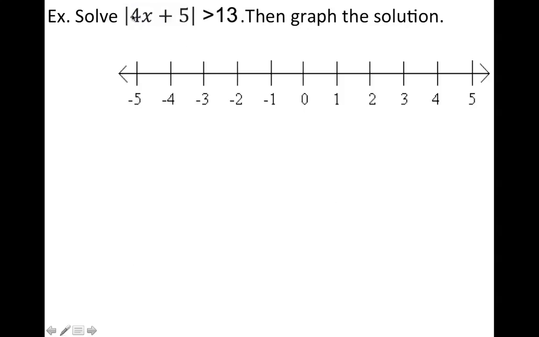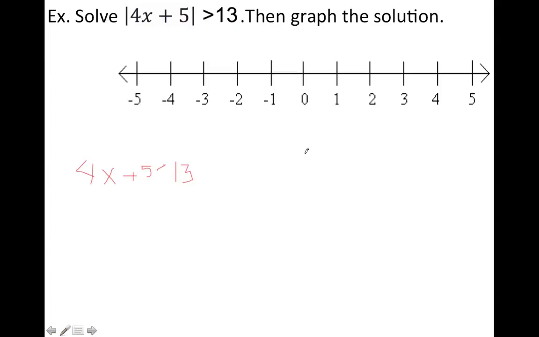Now, when we are solving absolute value inequalities, we still have to write our two equations. So, again, the first one you write just how you see it without the absolute value signs. So we have 4x plus 5 is greater than 13. Now, for your second equation, you do the same thing.